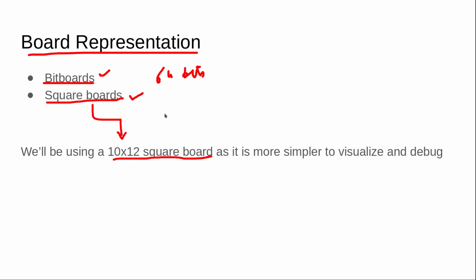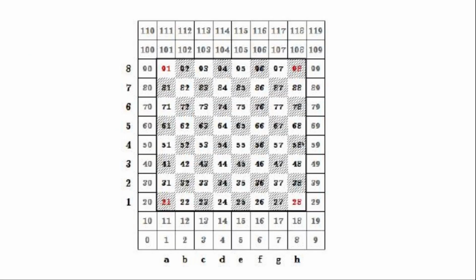Sometimes it may happen that a piece goes off board, so this square board provides an easy level of safety implementation. So we will be focusing on this one. This is how your 10 into 12 square board is going to look.